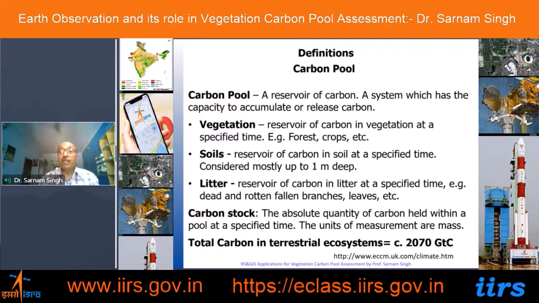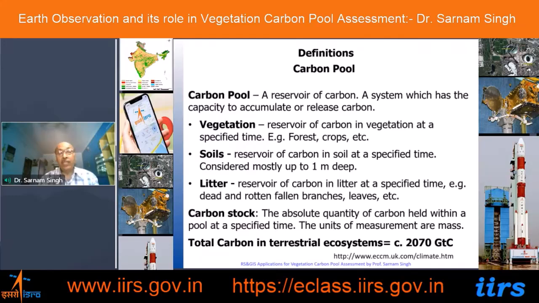How much carbon is stored at a given period of time, let us say in 2020, and how much carbon vegetation has stored over the last 20, 30 or even thousands of years? There will be some trees which are very, very old. So basically we are talking about how much stock there is, the carbon stock. That's basically the absolute number, the absolute quantity of carbon held within a specified pool.